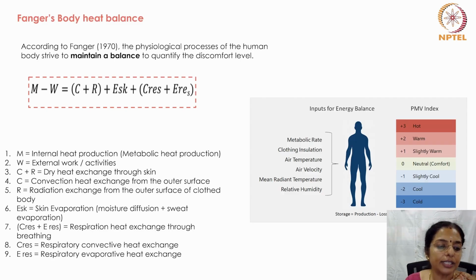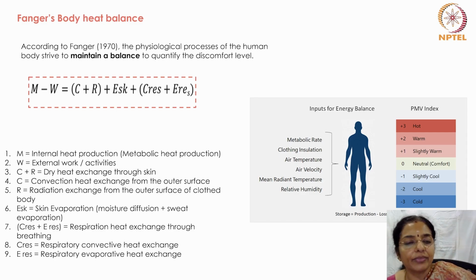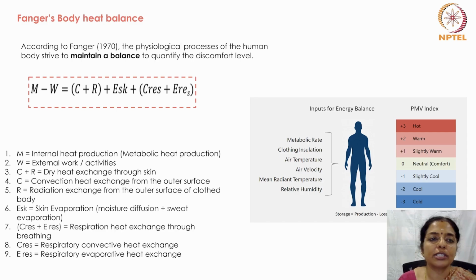Now let us look at Fanger's body heat balance equation. According to Fanger, in 1970, the physiological process of the human body strives to maintain a balance to quantify the discomfort level.